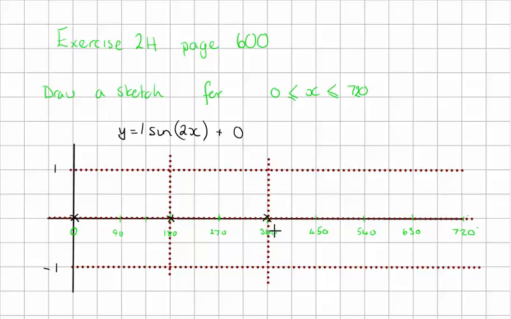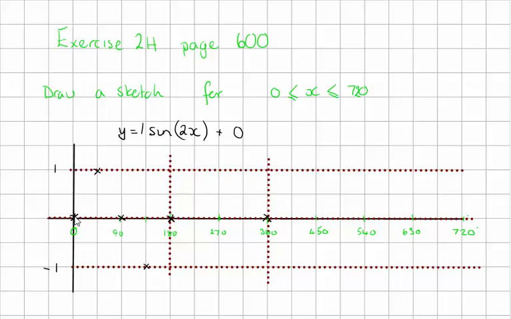So I've got to fit 2 in 360. So instead of having 0, 180, 360, I've also got to halve those values. So it will now be 0, 90, 180. Now from there it goes up to a maximum at 45, down to a minimum.